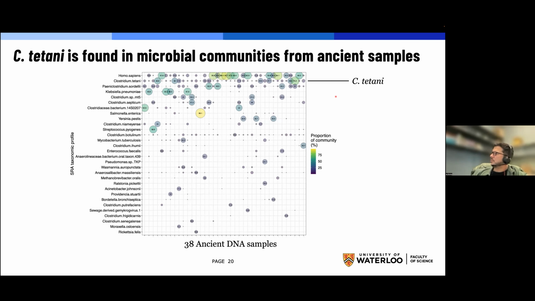I'm showing you more here of the taxonomic composition of these data sets. These are the 38 ancient DNA samples, and up at the top, this shows that a large proportion of the DNA does come from human, as you would expect. But again, you can see that C. tetani is perhaps the most frequent organism that's consistently detected across these samples, as high as 75% in some.